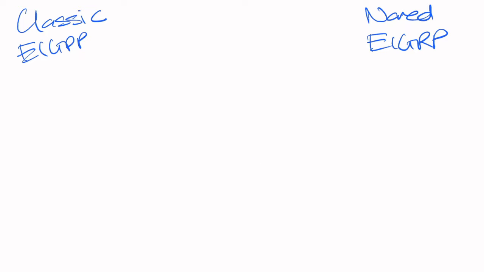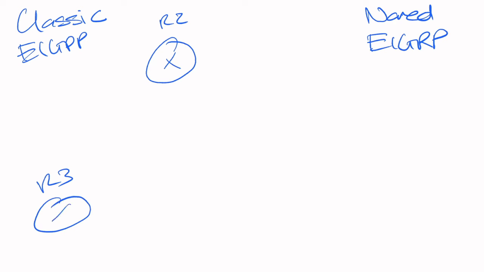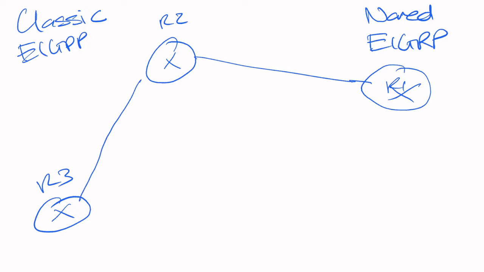So we have a router here. Let's just say this is R2, R3, and it's connected to R1. So this is going to be a classic EIGRP. Classic EIGRP is the older implementation.